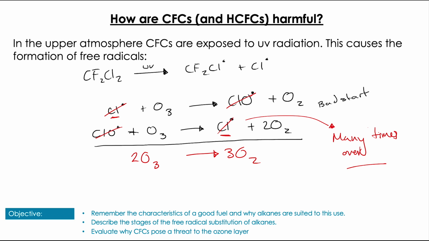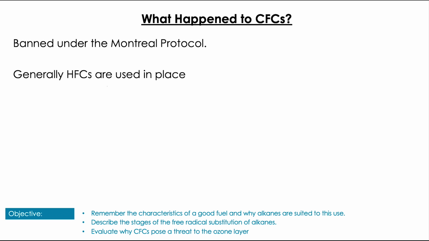So just another cog in the climate change wheel, you think, which is fair enough. And you might think, well, what could be done about this? Well, actually, things have been done about this, and there has been a consensus made and international action taken. In 1989, they were banned under the Montreal Protocol, and generally HFCs are used in their place.